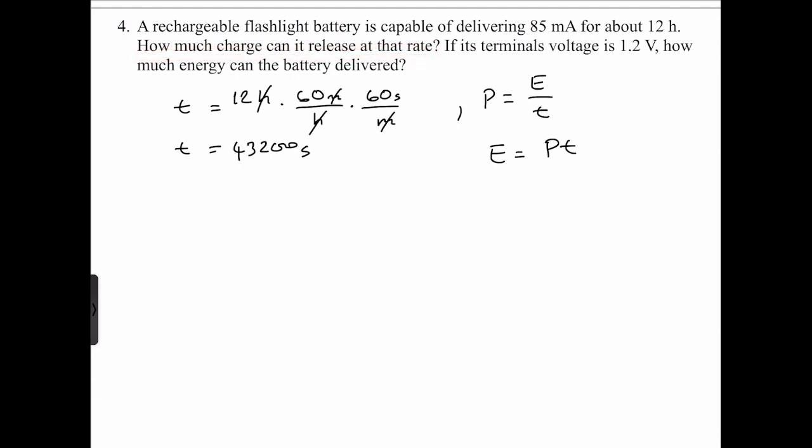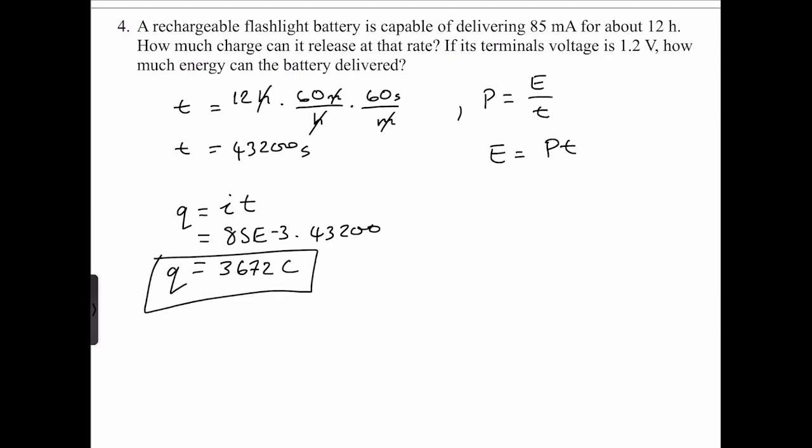So our charge would be Q equals I times T. In this case, our current is 85 milliamperes times T. We know what T is, so I'm just going to put T. It's 43,200. I used my calculator for that one as well. And that will be 3,672 coulombs. So the total charge it can release at that rate is as follows.